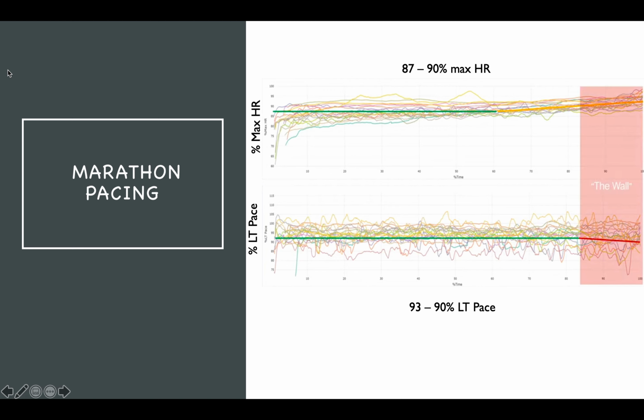So you can calculate out what 90 to 93% of that lactate threshold pace is, and you can say, okay, on your very best, if you're reaching your potential, you could possibly hold 90% of that pace. But again, these are very high level runners, and that's not going to be possible for everybody.